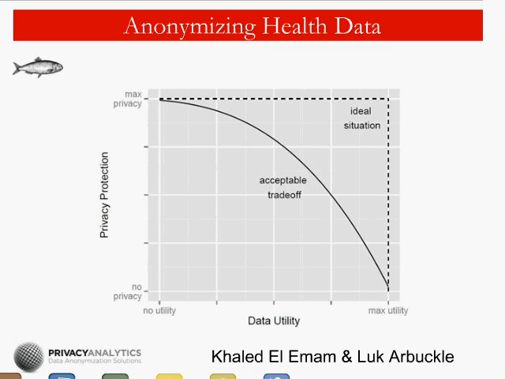And ideally, you want a point in the middle. So this is the trade-off, and this is what de-identification methods try to do, essentially find a balance in the middle along that line. And the top right-hand corner is the ideal, which of course is where you have maximum utility and maximum privacy. The quality of your de-identification methods will determine how close you get to that top right-hand corner.